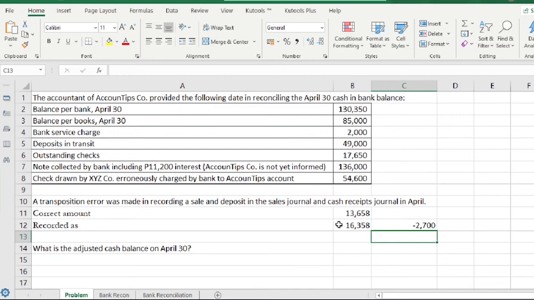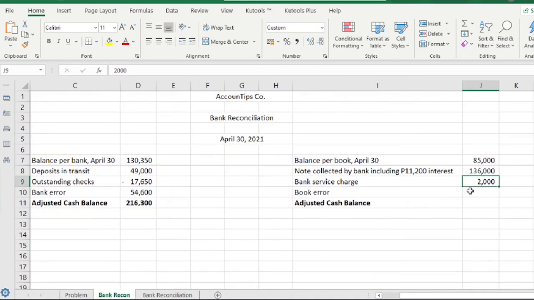In order to correct this, we have to deduct 2,700 from the cash balance per book in the bank reconciliation statement. So we can now input it in our solution in the book error, negative 2,700. We'd also have to put a negative sign in the bank service charge to indicate that this will be deducted in the balance per book.